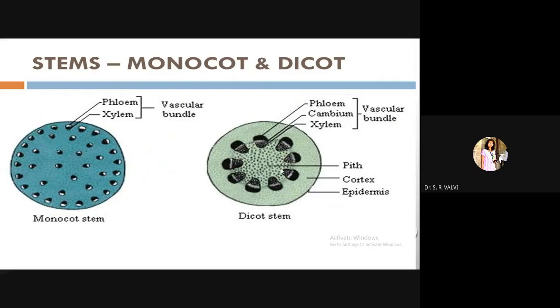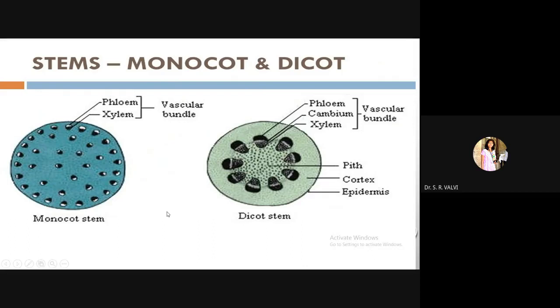So depending on that, again age of the plant is calculated. Okay, so every year a single layer of this cambium ring is going to develop. Cambium helps in giving phloem towards outside and xylem towards inside. So cambium is responsible for holding this vascular bundle in a ring fashion.